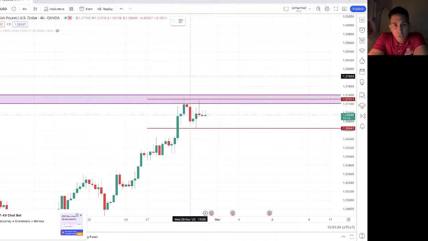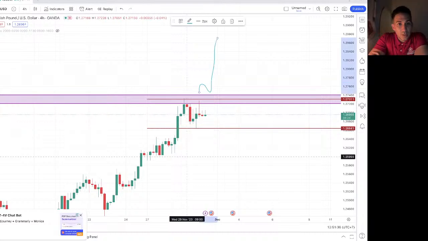So something like that. You broke here, go down, then make this kind of structure. Sorry, my drawing's bad.